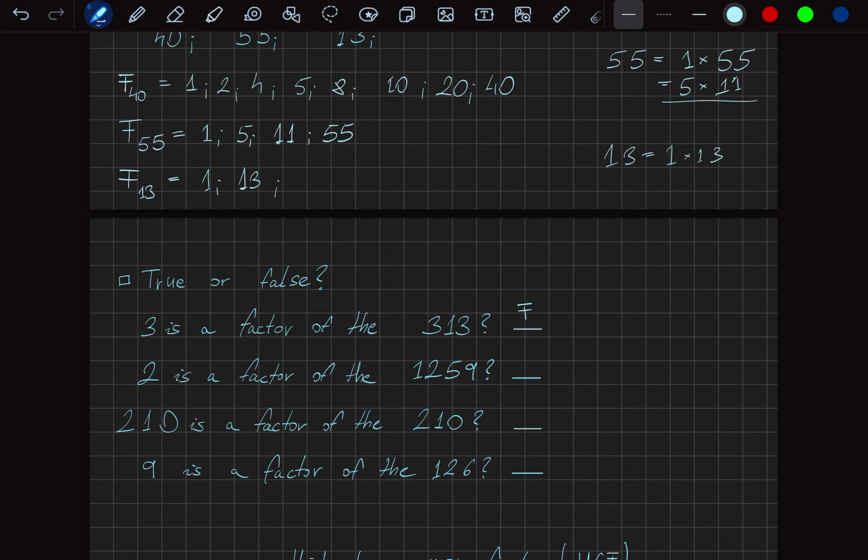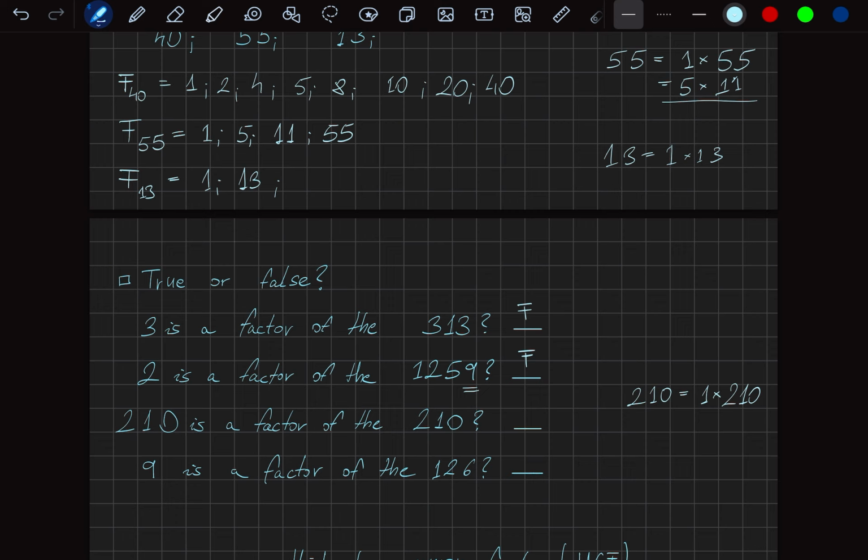It's an odd number because it ends in 9, so I cannot divide by 2, so it's false. 210 is a factor of 210. Yes, because 210 equals 1 times 210. A number is a factor of itself.